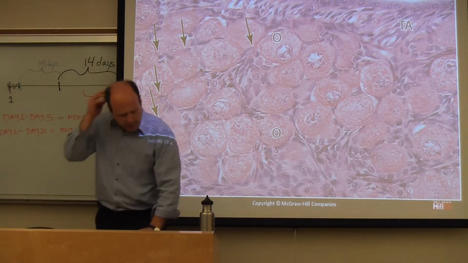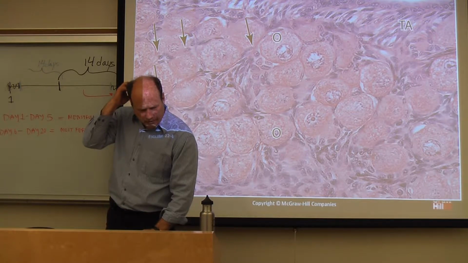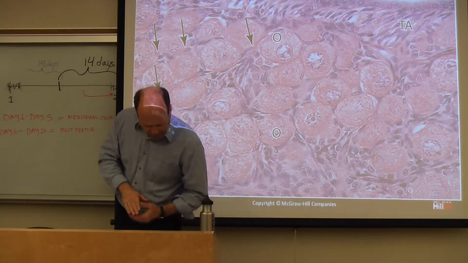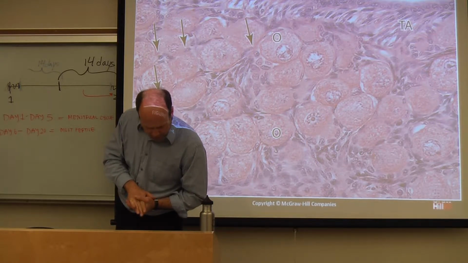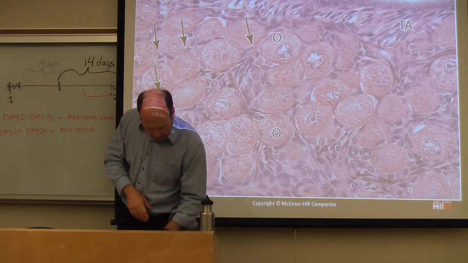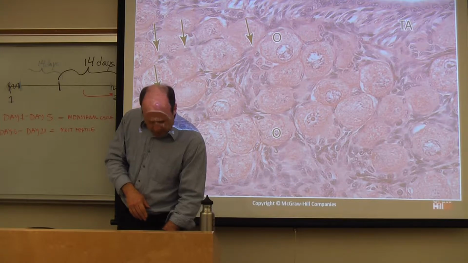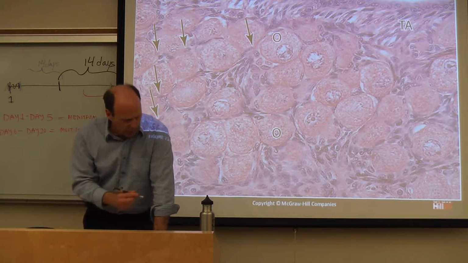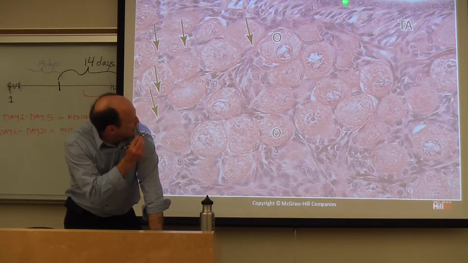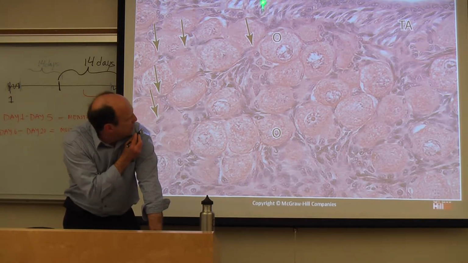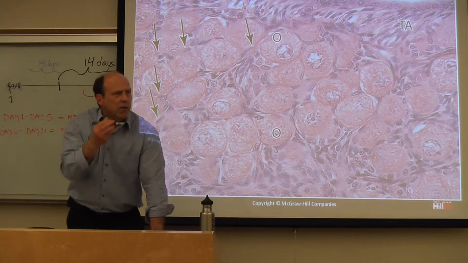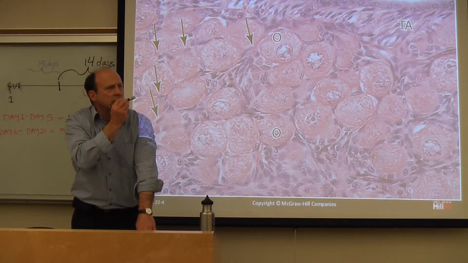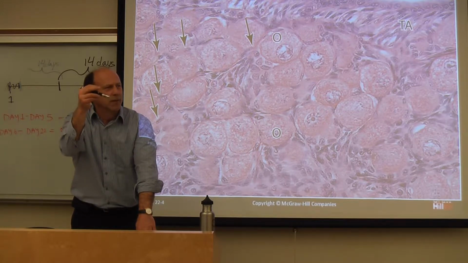I don't like to entirely bypass all the histological pictures because that's pretty important too. This is kind of cool looking, and there's an epithelia on the outside, but the epithelia is not very significant. But when people first started working with ovaries, they thought, well, there's this budding off that's occurring of the oocyte. So it must be these cells that are budding off, because we see them budding off from the surface.